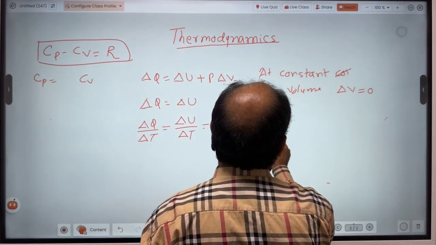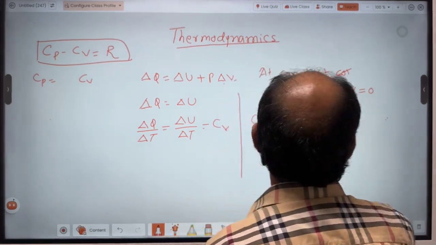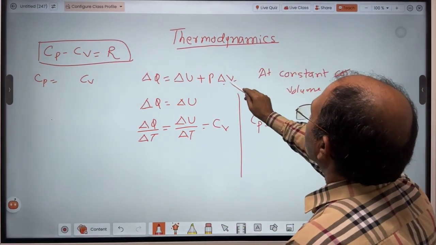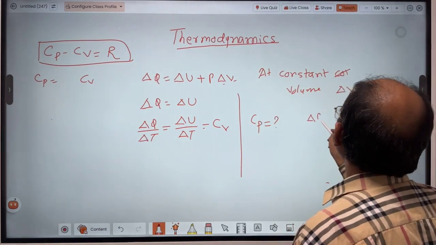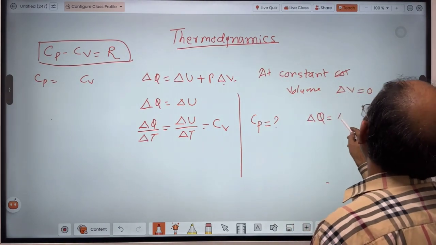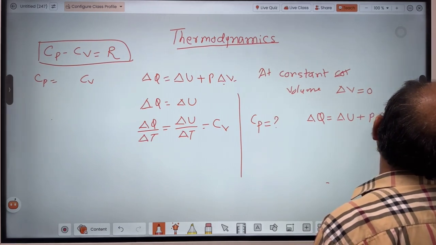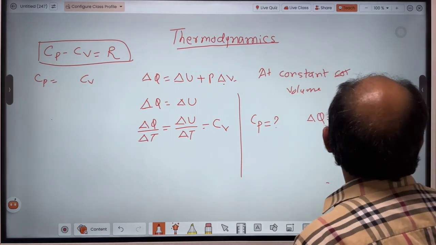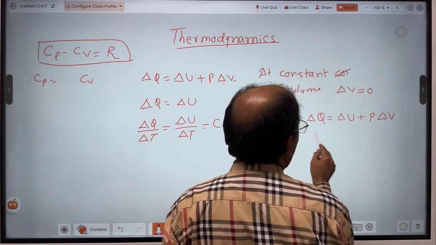Now we are going to see what is Cp. For this again we start from here, but this time the change in volume will not be 0. So delta Q equal to delta U plus P delta V, right? Here what will happen if we divide each term by delta T?